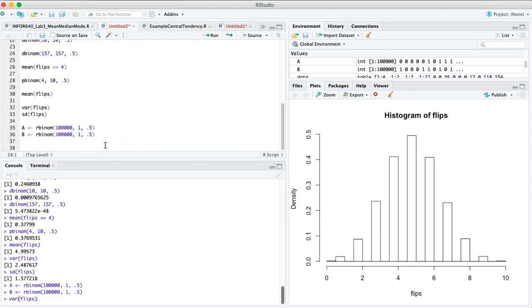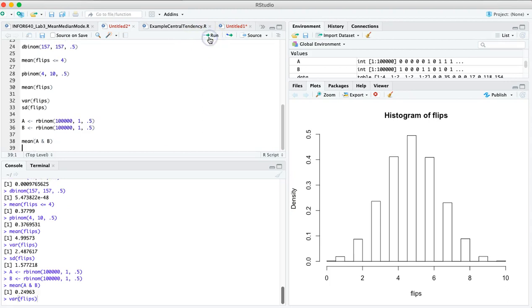And then we can ask for the mean of A and, with the ampersand, B. So R gives us a little bit of a shortcut here and allows us to use the ampersand to calculate this. And behind the scenes, this is the same formula that we looked at in class of probability of A times the probability of B. So we'll go ahead and run that.